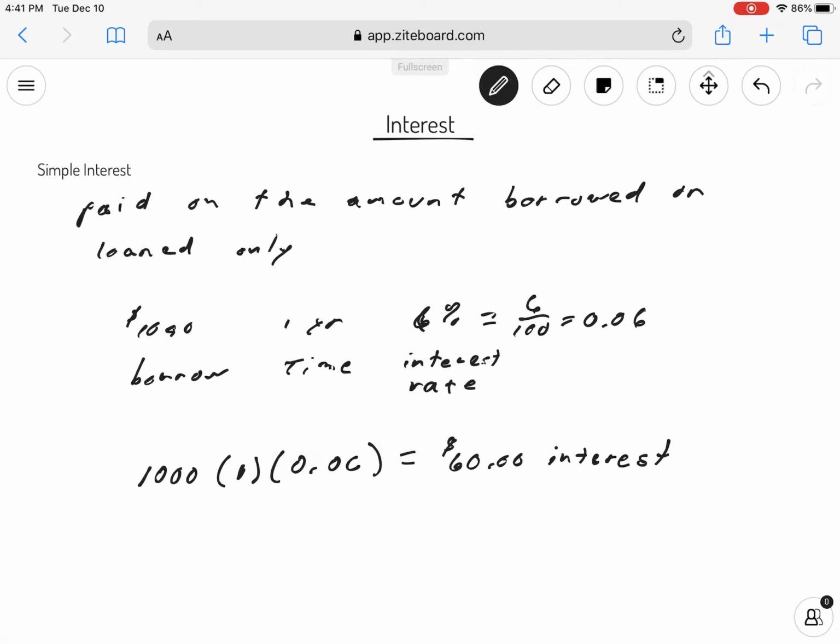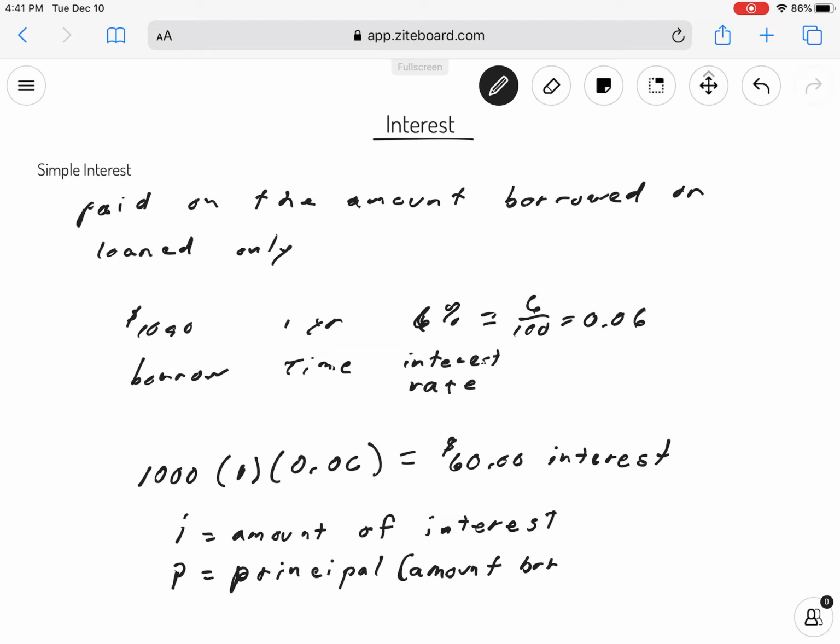Okay, so this is our interest formula, where we say I, which is our amount of interest, and P is what is called the principal, and that is basically the amount borrowed or loaned.